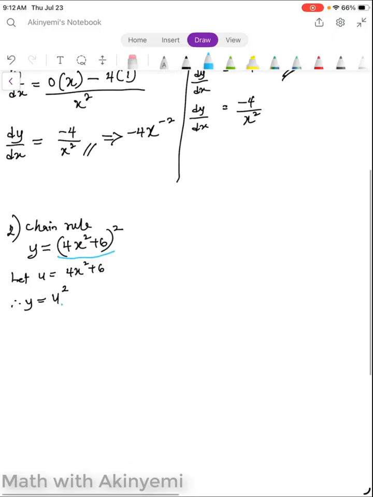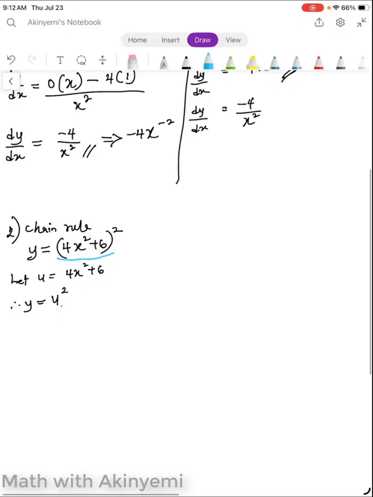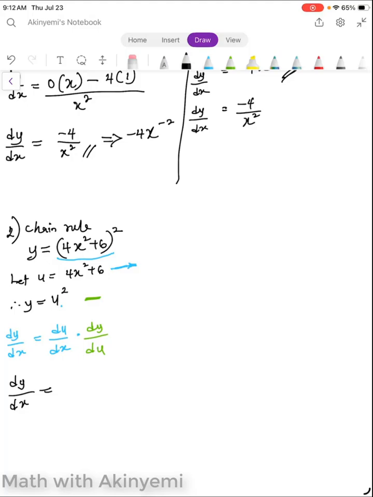So solving it, dy over dx will be equal to du over dx multiplied by dy over du.